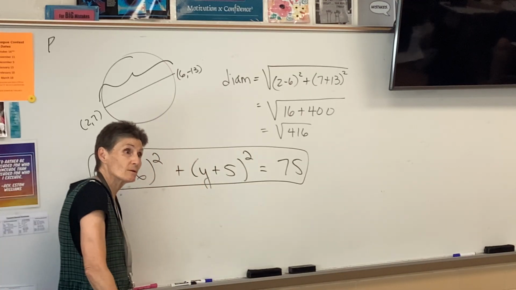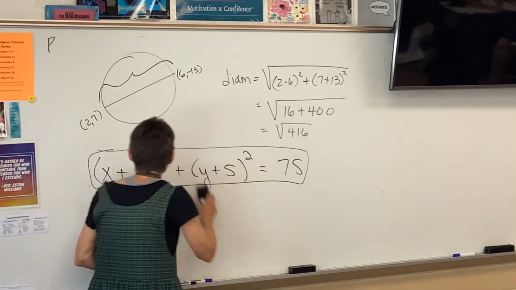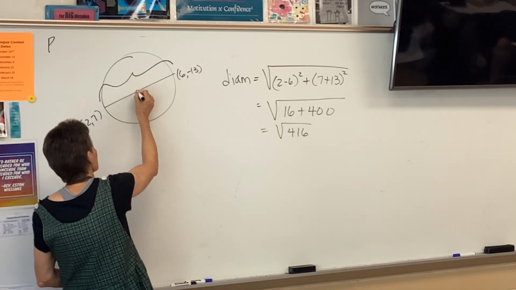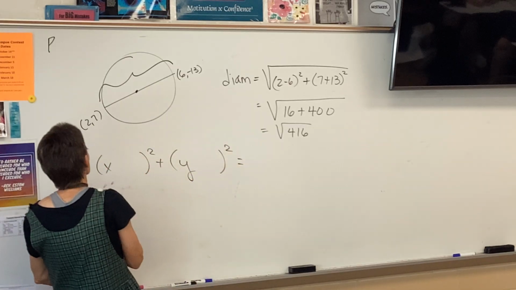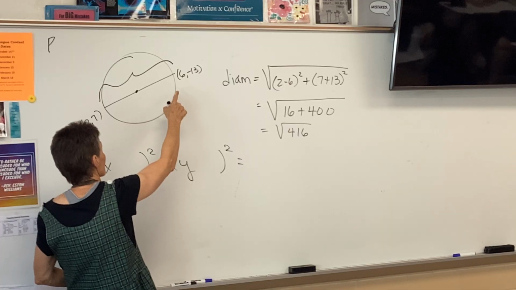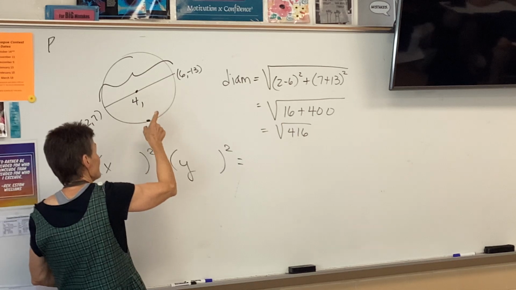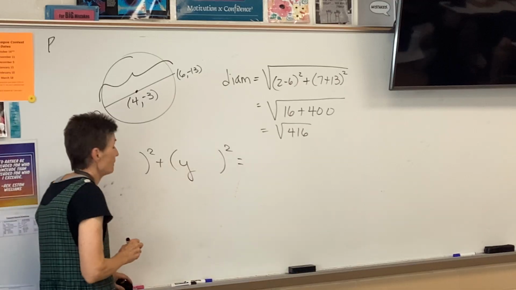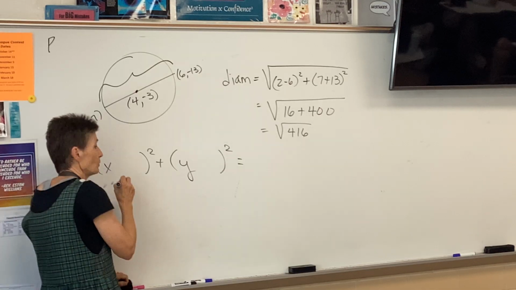Now, Caitlin, what else do I need? Midpoint, absolutely. If I'm going to write the equation of the circle, don't I need the center? So the center: 11 minus 13 divided by 2. I got 4, negative 3. Is that okay? So what's my circle look like?